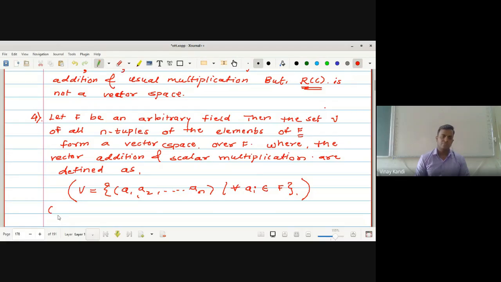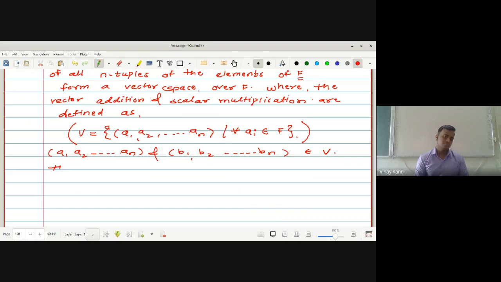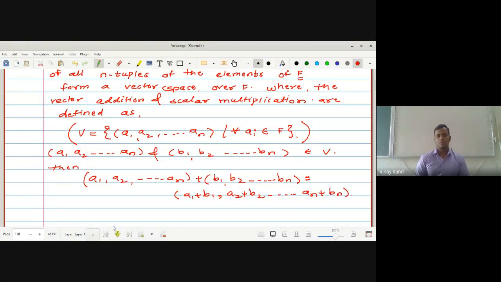Take any two elements from the set V, suppose a1, a2, up to an, and b1, b2, up to bn are two elements belonging to set V. Then the addition of these two vectors a1, a2, up to an plus b1, b2, up to bn is defined as a1 plus b1, a2 plus b2, up to an plus bn. So addition of these two vectors is defined like this.